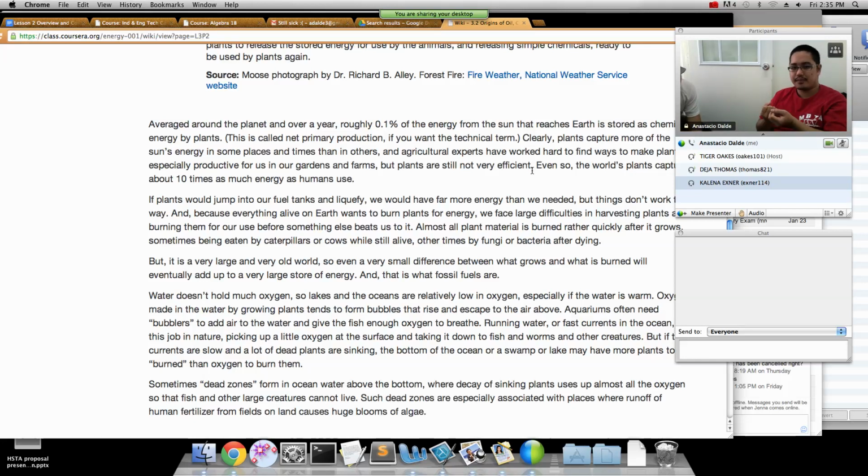And when the trees die, if they die in a place that doesn't have a lot of oxygen, where they can sink down and get crushed on the bottom, all of the excess energy that they caught from the sun is going to stay with them. That energy isn't released because it dies in a low oxygenated place. If it's a woody kind of plant that dies, then over the next hundreds of thousands of years you'll get coal.